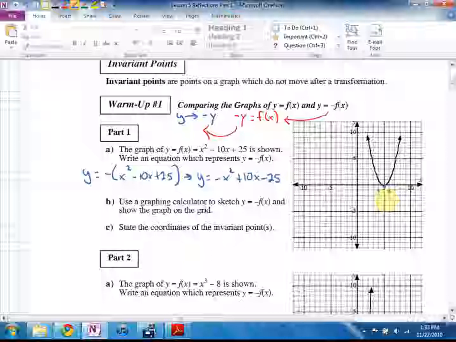Go back to the vertex, 2 over, 4 down, 2 over, 4 down. Three over, 9 down, 3 over, 9 down.